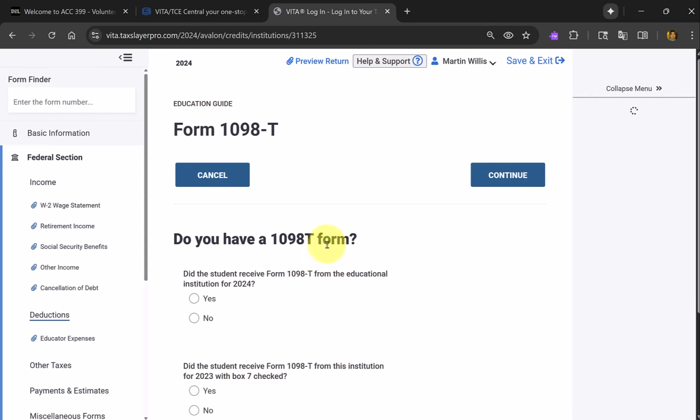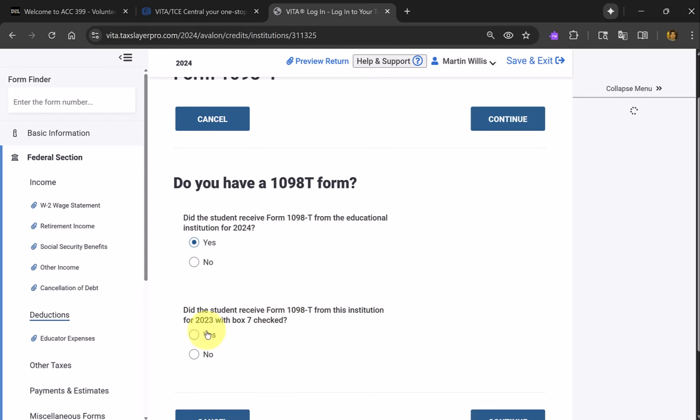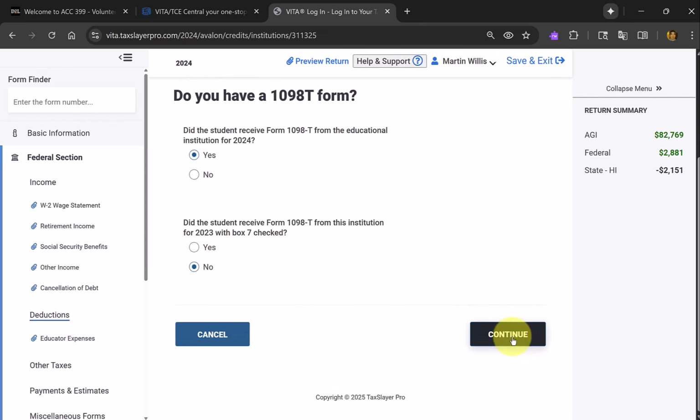We got the 1098 form. He even told we got information from the previous year. Did the student receive with box? We were told the box 7, if you read the facts, it wasn't checked off. So you don't have to make any adjustment because it changes from the prior year.